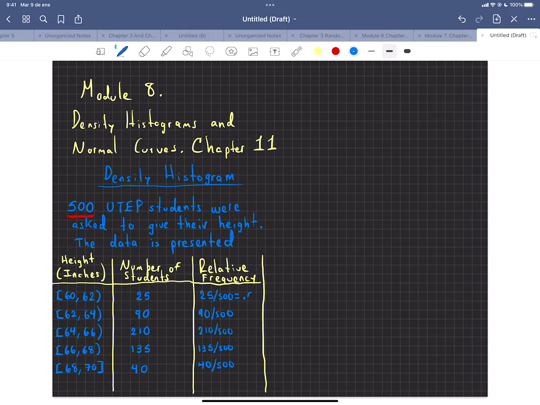This is 0.05, 0.18, 0.42, 0.27, and 0.08.